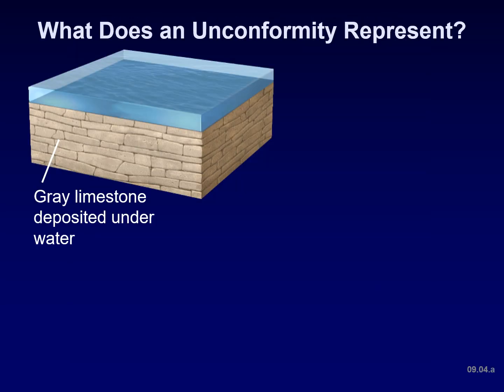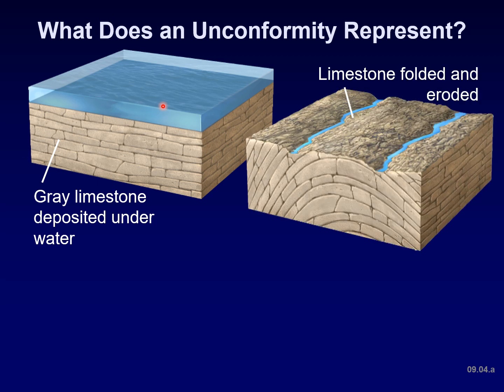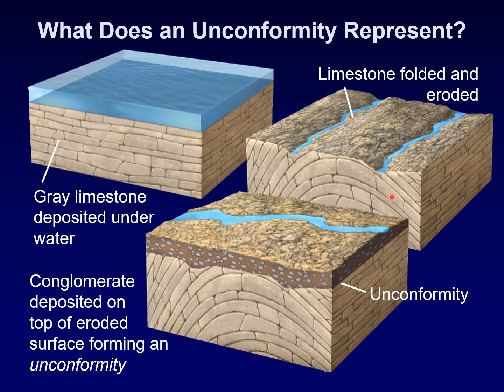And what does an unconformity represent? Well, let's say we have a gray limestone being deposited underwater, then it gets folded and eroded. So here's some streams that were eroding it, and here you can see that those layers have been folded. And then those streams start to deposit conglomerate over the top of it as those streams meander back and forth around the top of the limestone layer.